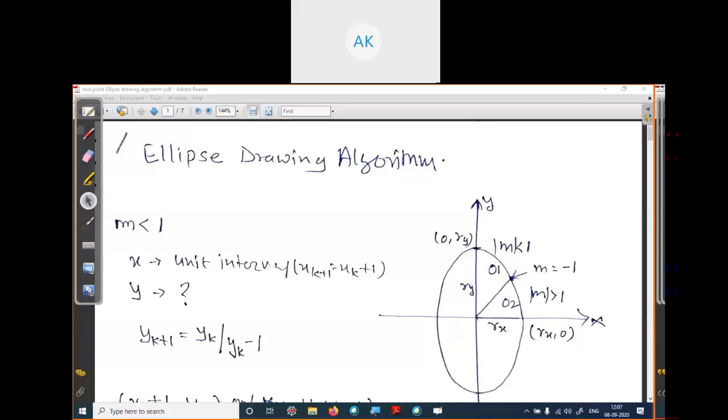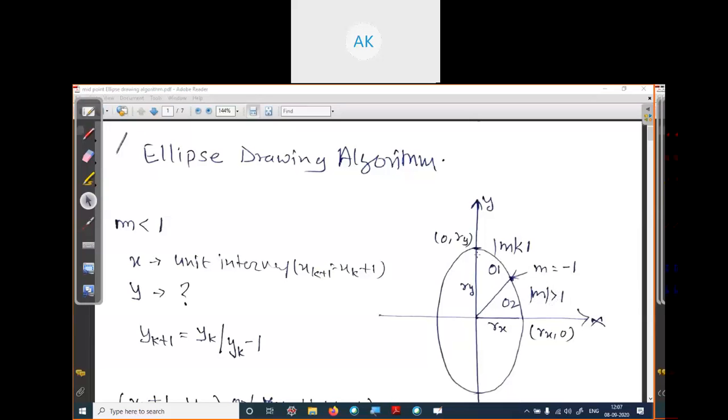We divide this based on the value of the slope of the tangent. If we draw the tangent on the ellipse, in this region the magnitude of the slope will be less than 1, and after some point the slope of the tangent will be greater than 1, and at one point the slope will be equal to minus 1.